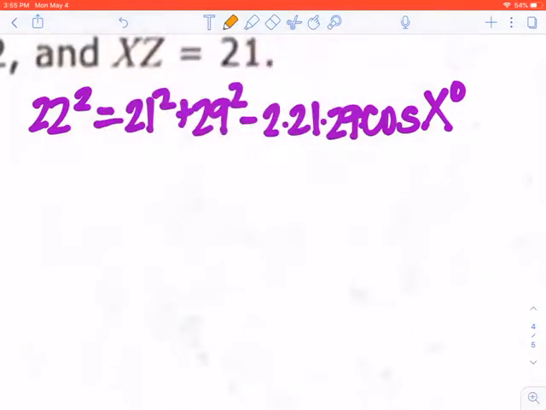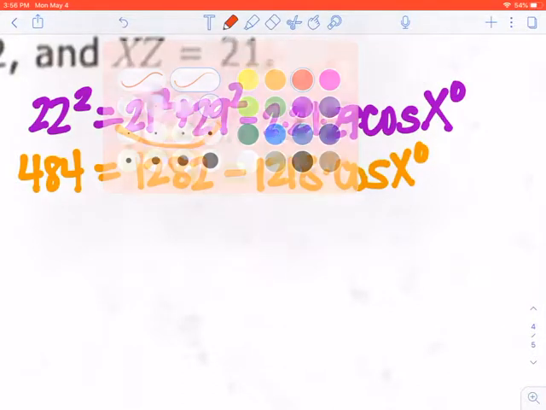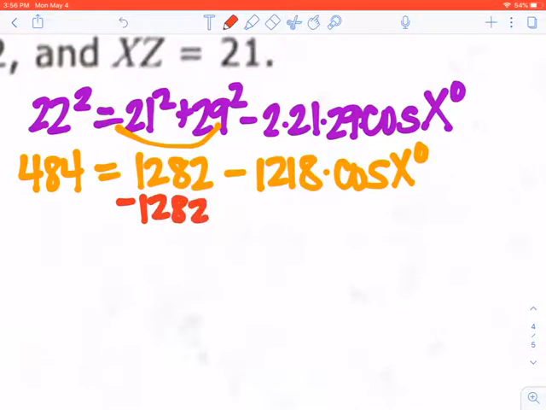Yes, these ones take a little bit more time with the math, okay? 22 squared is going to be 484. 21 squared plus 29 squared here is 1282. 2 times 21 times 29 is going to be 1218 times the cosine of x. I subtract the 1282.